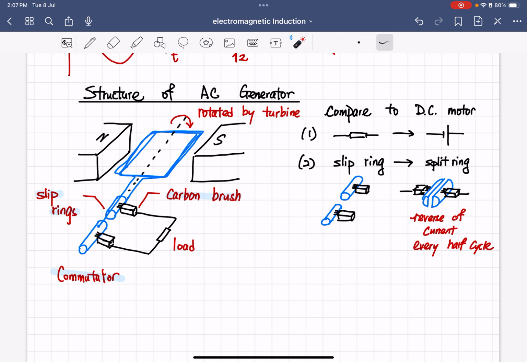But the slip ring does not have this function. It simply allows the current or EMF induced in the blue coil to go to the external circuit. But it does not have the function to reverse the polarity itself. So there's no such function.